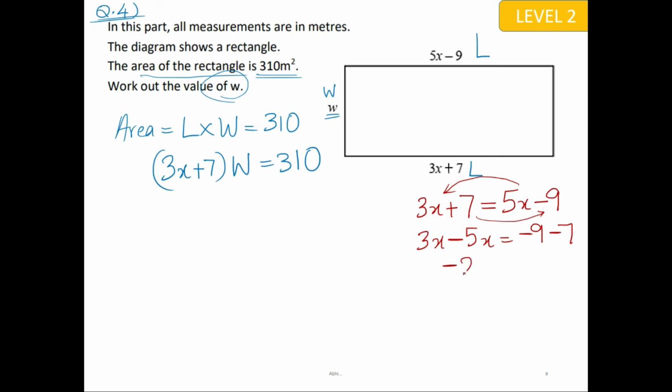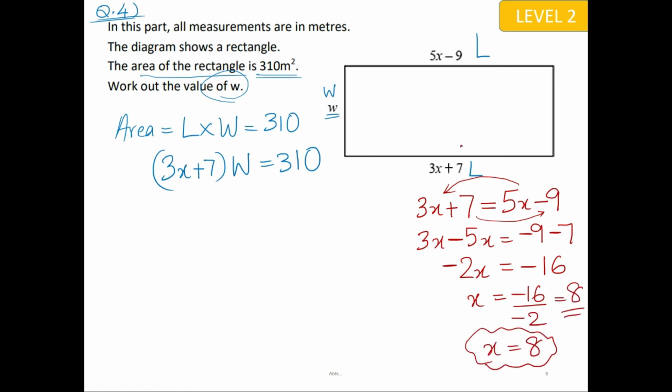So I have negative 2x equals negative 16, which shows x is negative 16 divided by negative 2, giving me 8. Now let me calculate the length. My length is going to be 3 times 8 plus 7, which is 24 plus 7, equal to 31.